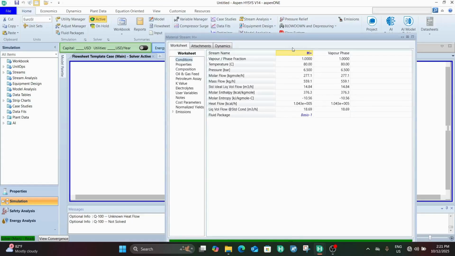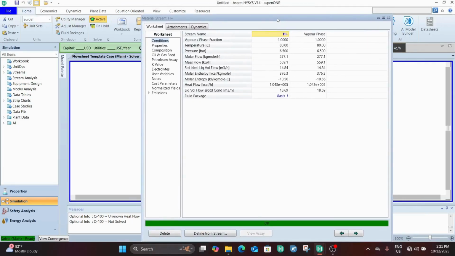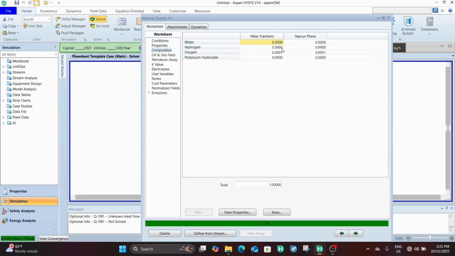So for the hydrogen outlet, the cathode outlet, hydrogen stream, 100% gas, and this is the flow, 559.9 out of 5,000. Then we do have our 99.9, approximately 100% pure hydrogen here, and very, very minute, as good as insignificant water and oxygen present.